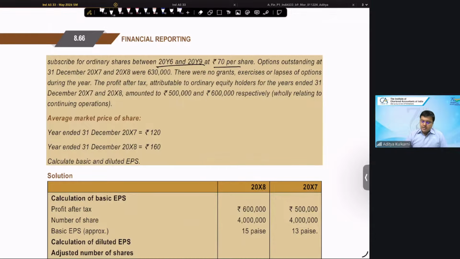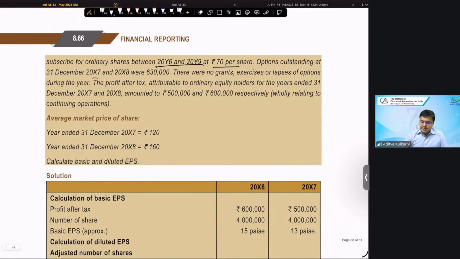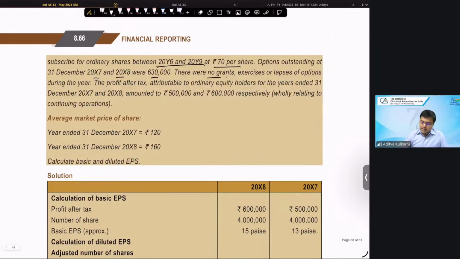Options outstanding at 31st December X7 and X8 were 6,30,000. No grants, exercises or lapses. Profit after tax is 5 lakh and 6 lakh respectively. Average market price of the share is 120 and 160 for years 20x7, 20x8.